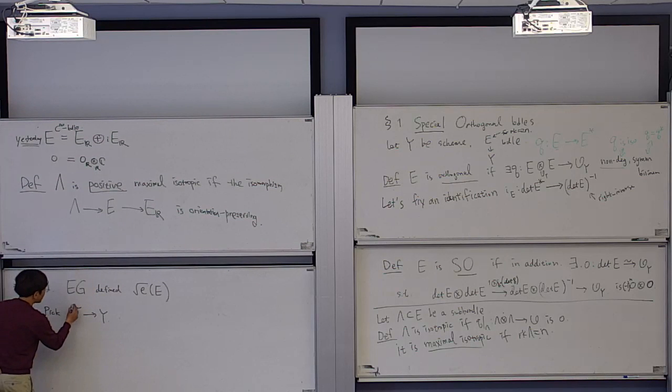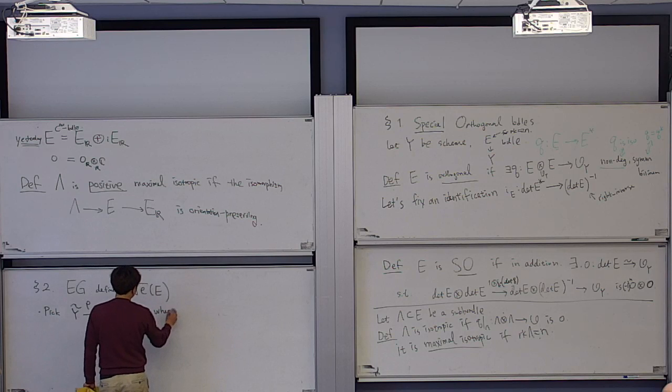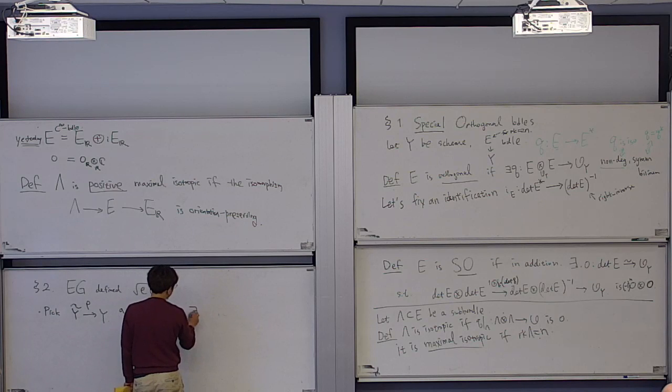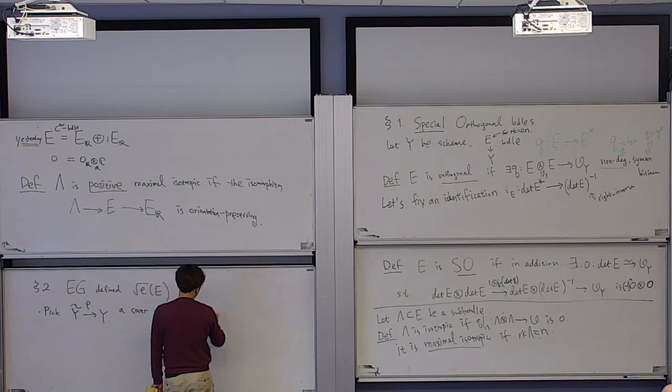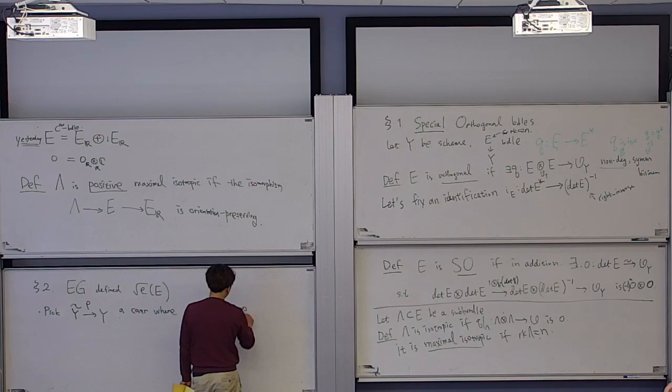So what they did is first pick some cover where there exists a canonical positive maximal isotropic subbundle.